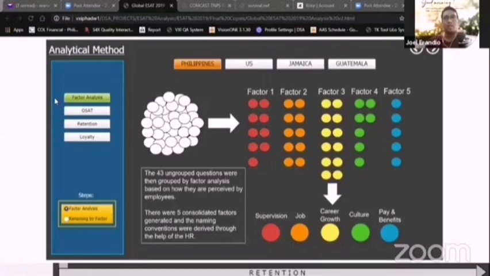Because we wanted to group the questions according to the perceptions of the respondents, not the groupings made by the researcher. Even though the questionnaire was already reviewed by experts, in our case we didn't follow that. Instead, we followed what the respondents said in the survey.